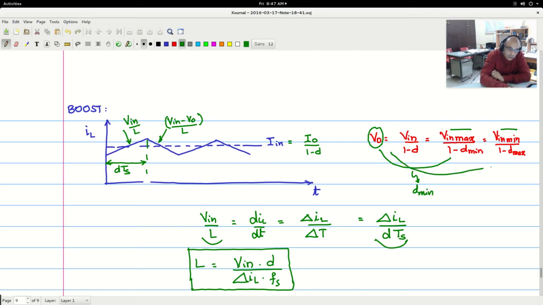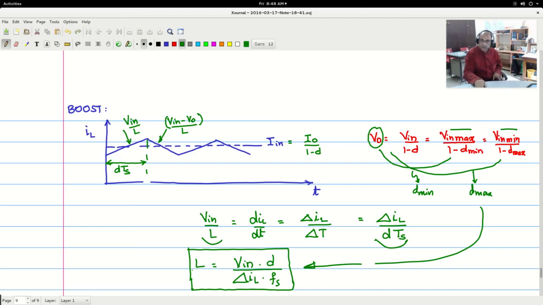Using these two equations, you could find out D max. So you can use D max here to find out the max value of L, when you are doing the calculation for the value of L.